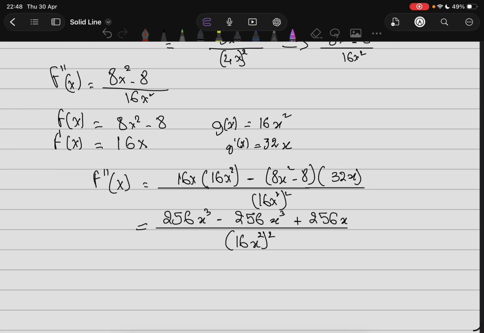In this step, we're just gonna cancel and simplify everything. So the second derivative is gonna be 256x over 16x squared.